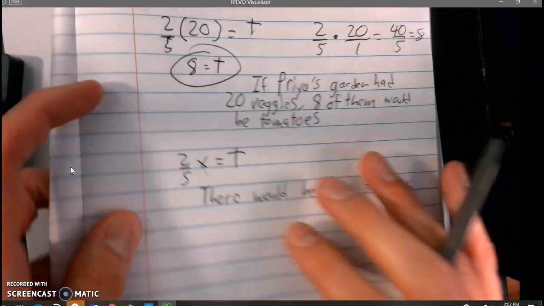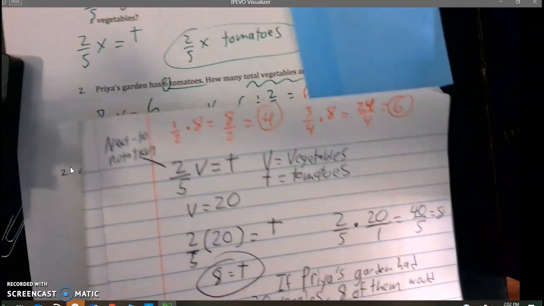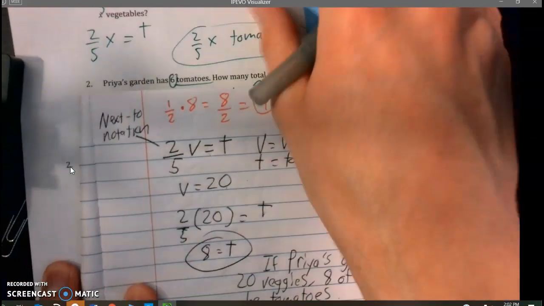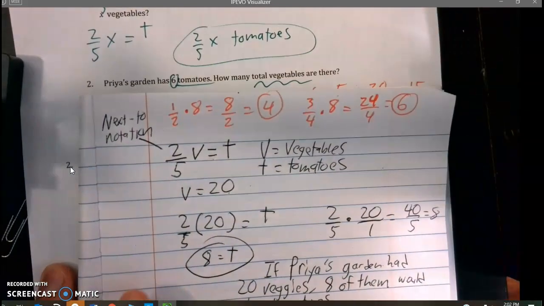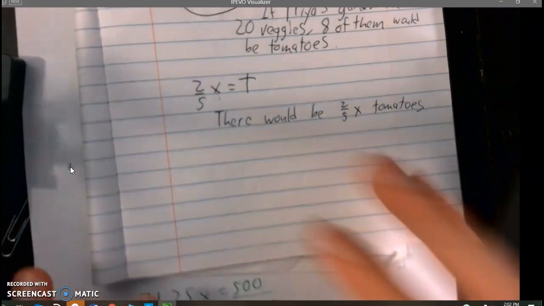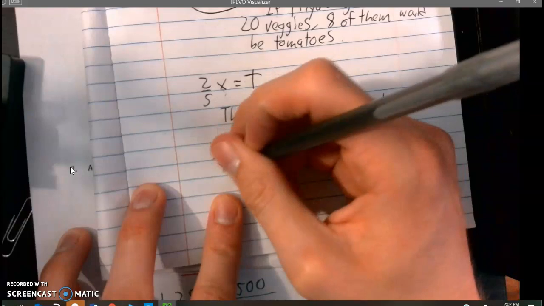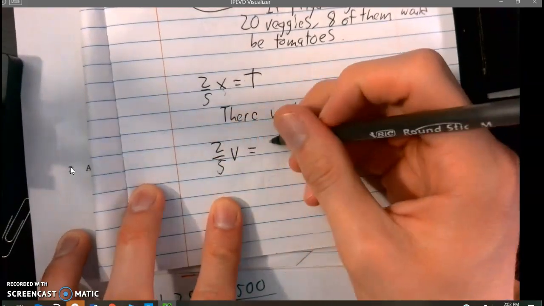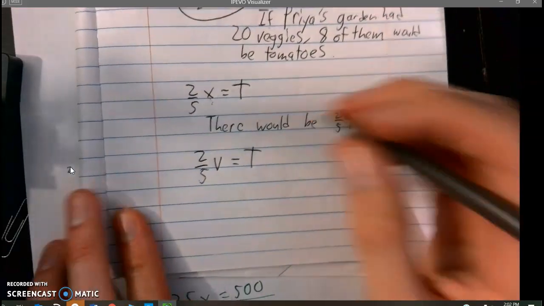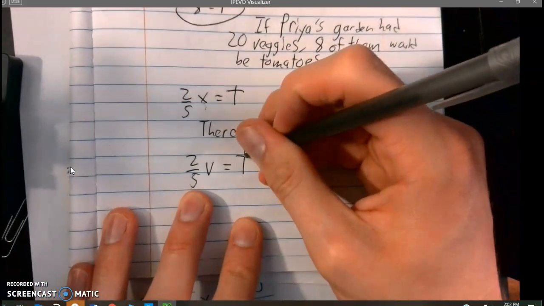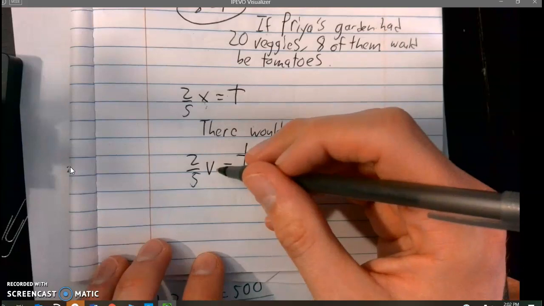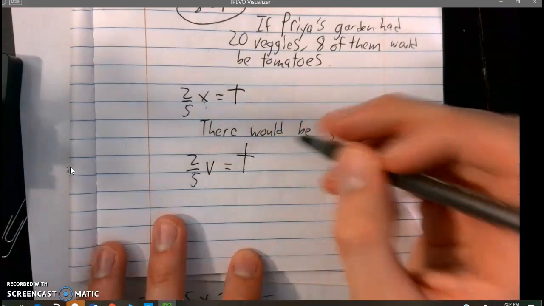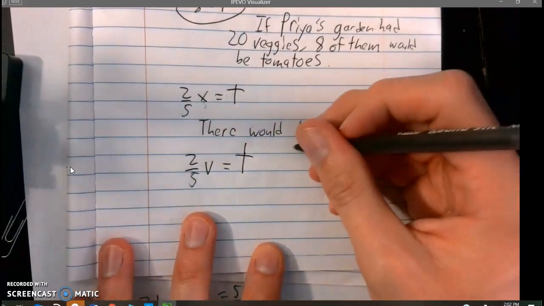And then the final problem here is, if Priya's garden has 6 tomatoes, how many vegetables are there? We're still using the same equation, 2/5 of her vegetables will equal her amount of tomatoes, but in this problem, they're not telling us how many vegetables there are, they're telling us how many tomatoes there are.